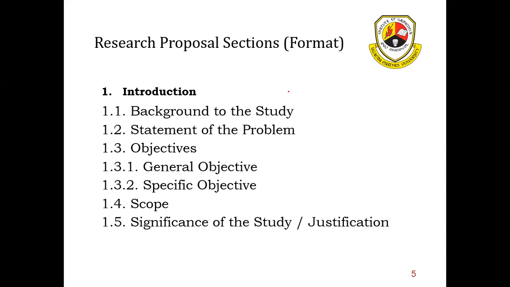As you're discussing the background of the study, we expect to see literature review. Why? This problem you're talking about, somebody has written about it. If we're talking about e-learning, we need to see a definition of e-learning. If we're talking about access to e-learning platforms, we need to see literature review about it. If we're talking about students not learning because of ethnicity, there must be literature that somebody has written about it. We don't expect to see your thoughts.